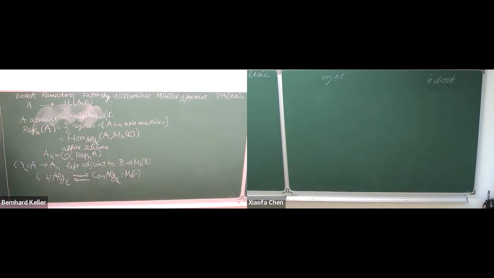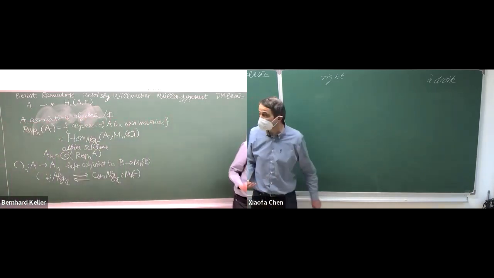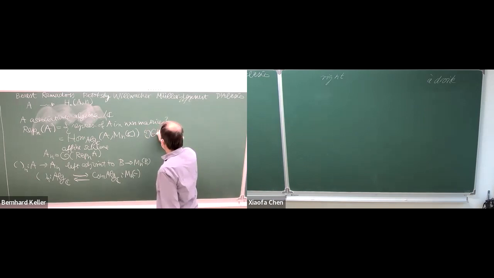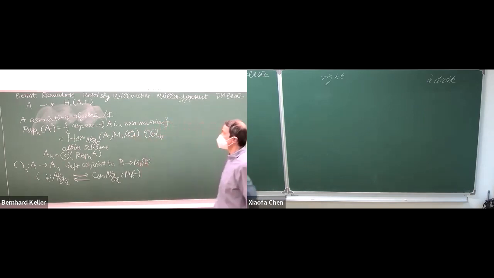And then what you also notice is that if you have such a representation by n by n matrices, then you can construct a new one by conjugation by a matrix, right? So you have an action of GL_n, an exchange of bases, if you like.